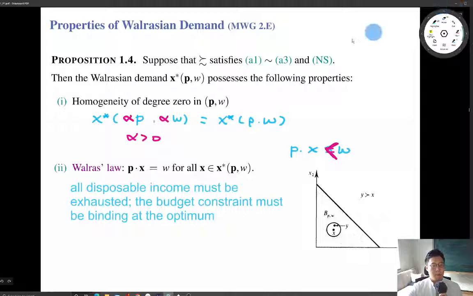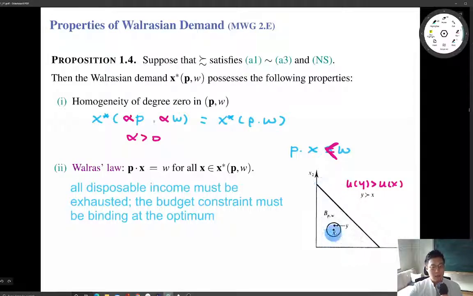Then by local non-satiation, we can find an alternative bundle y in the neighborhood of x, which is strictly better than x. The utility function u represents the given preference relation, so that simply means u of y is strictly higher than u of x.